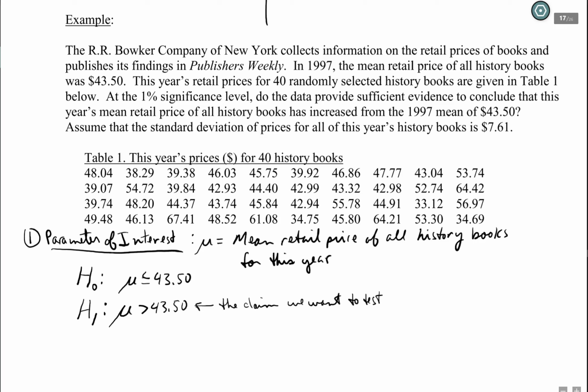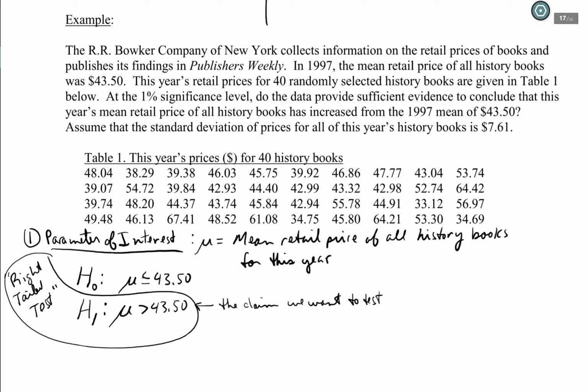Now, this kind of test is typically called a right-tailed test, because in our rejection region we are going to deal with the right tail of a normal distribution. But what drives it being a right-tailed test is this alternative. They're tied together. We have a greater than in my alternative, and that makes it a right-tailed test.